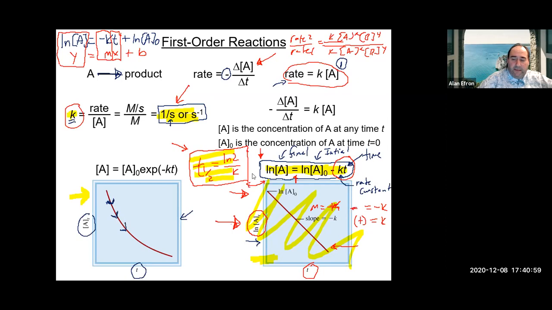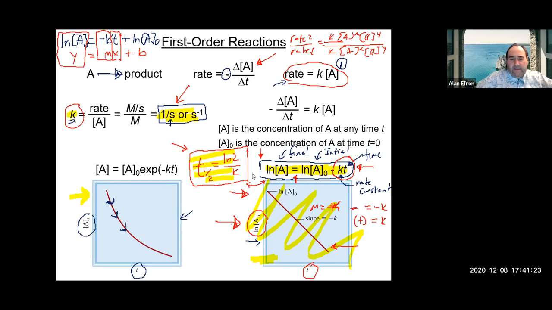Very common is that you're given all the information except for the rate constant, but you're given the half-life for a particular reaction. So it's a very common calculation where you use the half-life equation to figure out the rate constant. Then once you have the rate constant, you can stick it into your integrated rate law and solve for what you're looking for.